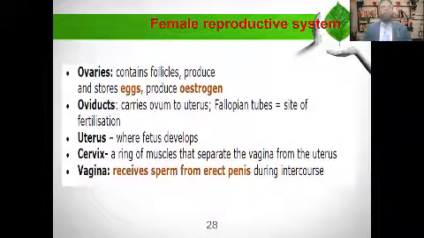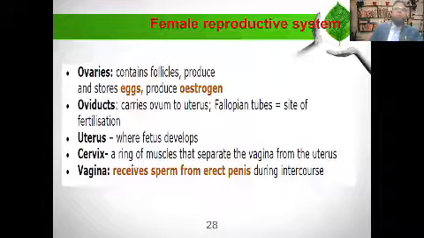Now see, the ovary contains follicles, produces and stores eggs, and produces estrogens. The ovary actually performs two jobs. One is making the egg cells, and the other is that it also produces estrogens, which are the female reproductive hormones that produce the secondary sexual characteristics in females. The oviduct carries the ovum to the uterus; the fallopian tubes are the site of fertilization.